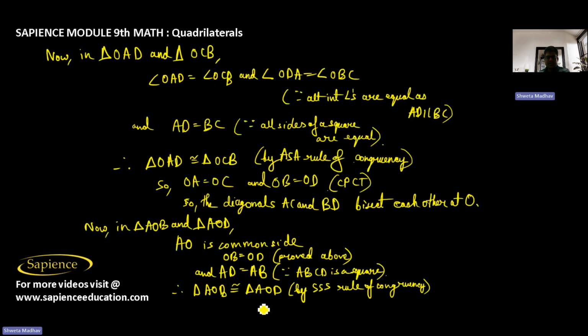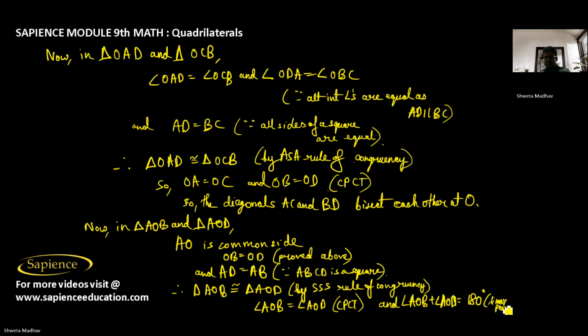So angle AOB equals angle AOD by CPCT, and also angle AOB plus angle AOD is equal to 180 degrees, since they form a linear pair. So therefore we can say that angle AOB is equal to angle AOD.